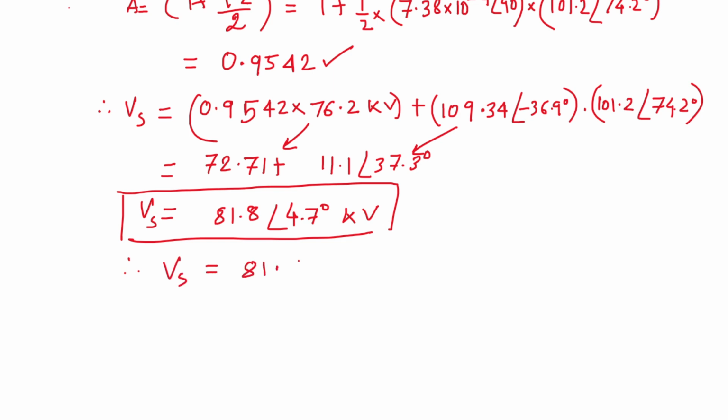It is 81.8 multiplied by root 3, which equals 141.7 kV. It should be kV, not kilowatt. And this angle 4.7 degree is called the load angle delta.